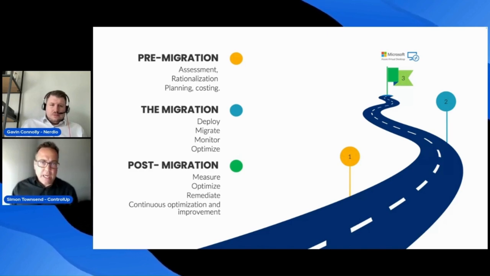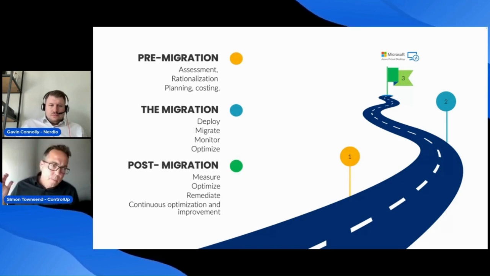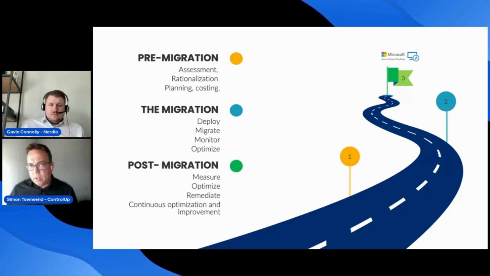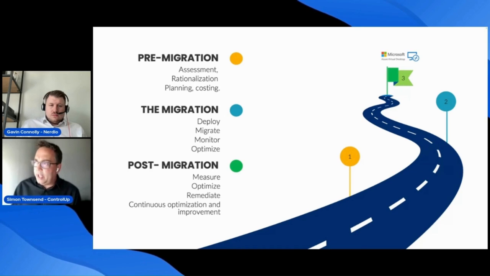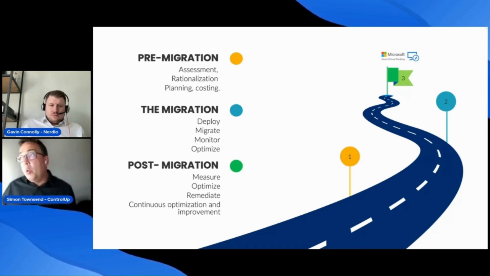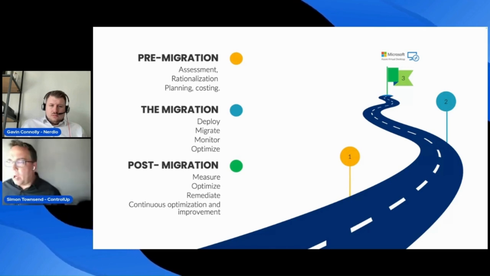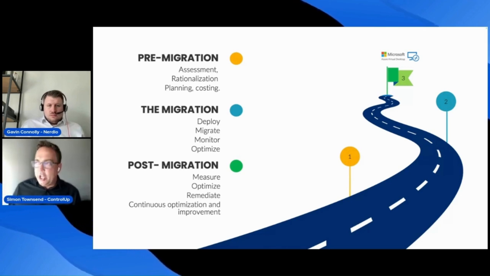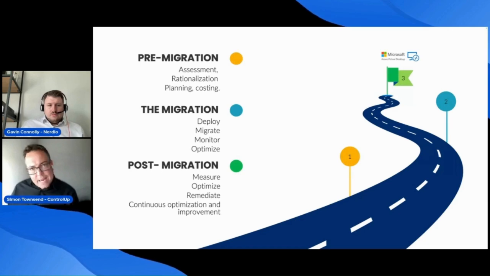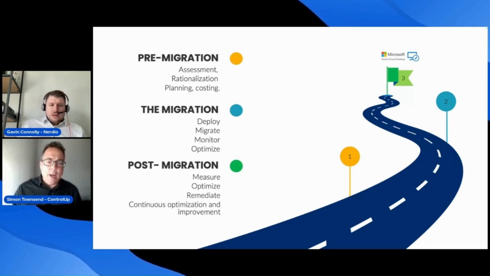We've really broken it down this afternoon into these three sections. And I'm pleased to say, regardless of whether you're looking at assessing your current estate, whether it's during the migration, actually moving people over to AVD, or whether it is post that migration, how you can continue to do optimizations in the environment and better manage that environment moving forward.